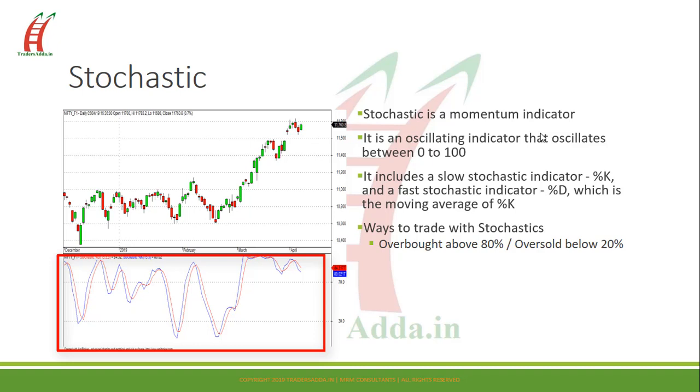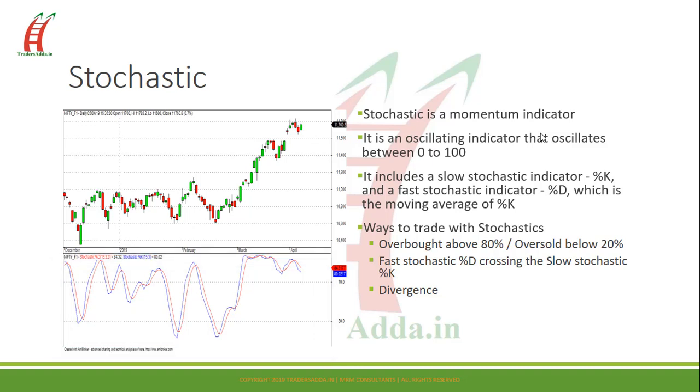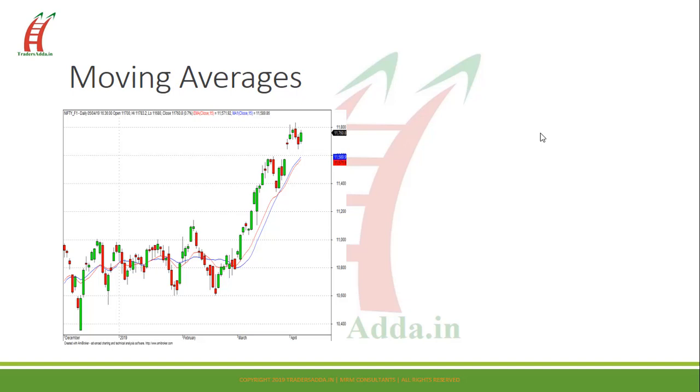Traders tend to sell when overbought and buy when oversold. Crossover, that is fast stochastic %D crossing the slow stochastic %K. A crossover indicates buy or sell indication. Divergence, that is when the price of a stock and the stochastics move in opposite directions, traders tend to buy or sell depending on the type of divergence. A combination of above.